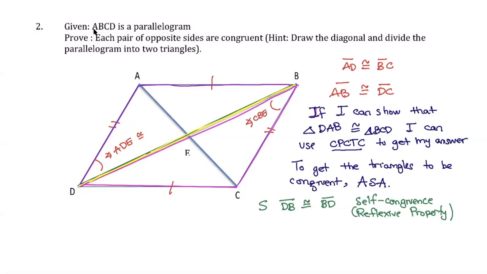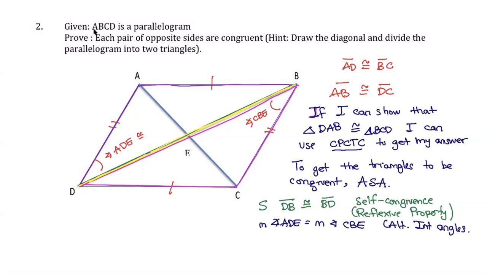And the reason that these two angles are congruent to each other is because they're alternate interior angles. So we have that the measure of angle ADE is going to equal the measure of angle CBE because they are alternate interior angles. Right now, I'm just writing down all of the things that I can see. I'm not worrying about whether or not they're consistent and well ordered. That's what the two-column proof will do for us in a moment.